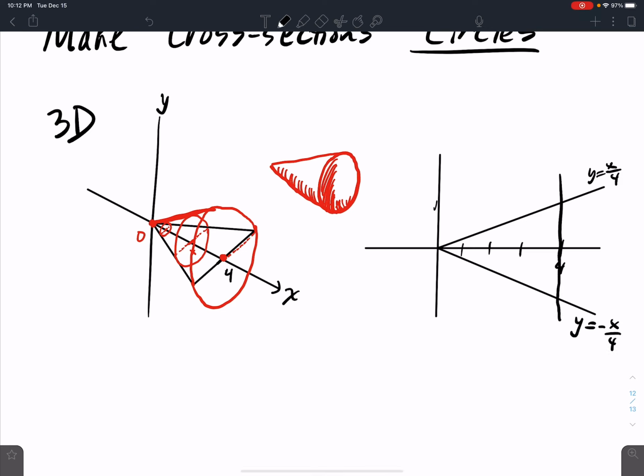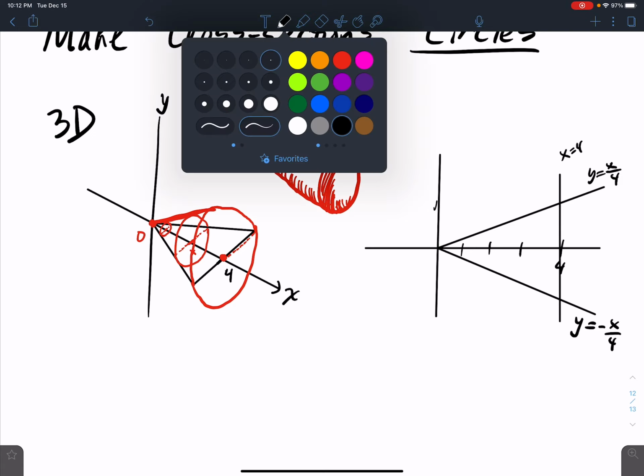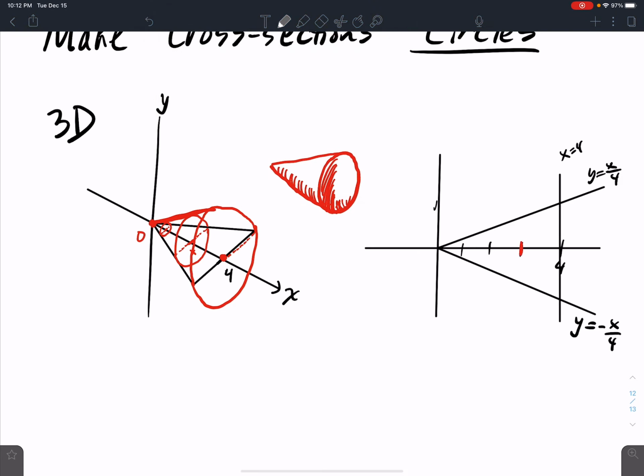Remember, we had the vertical x equals 4 for that. And what do we want? We want an arbitrary x in here for our cross-section that is perpendicular. And what type of shape do we have for our perpendicular? It's a circle.